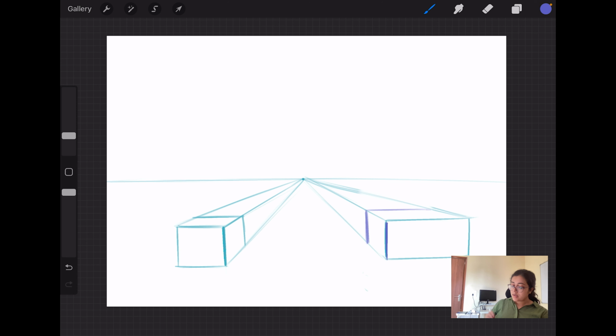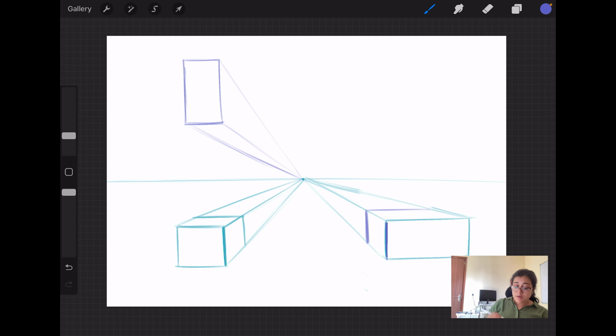Now let's make one more cuboid. I'm going to make it up here. I'm going to make a longer one for it. Okay, so I've made this. Now we are going to follow the same rule I told you, that the lines will go towards the vanishing point like this, like that, and this as well.